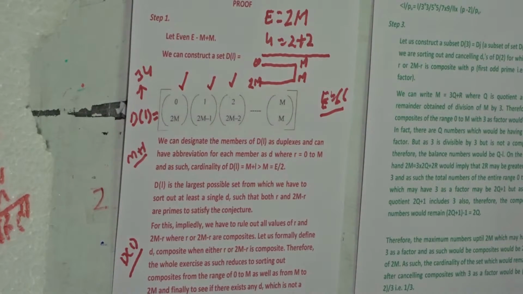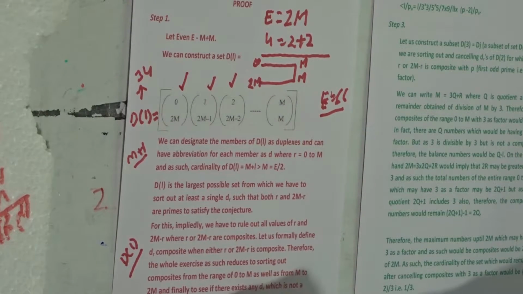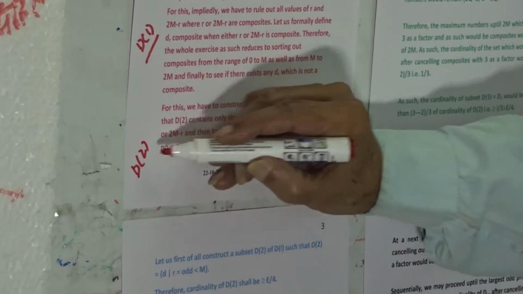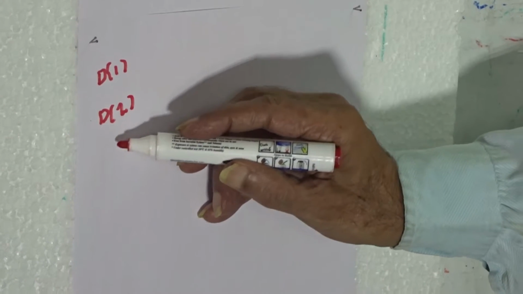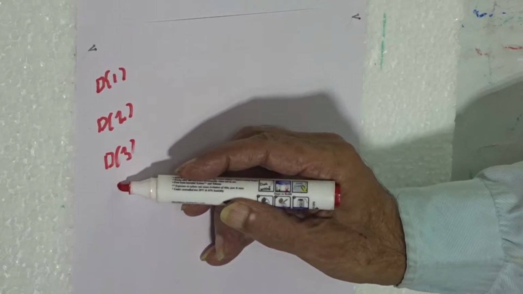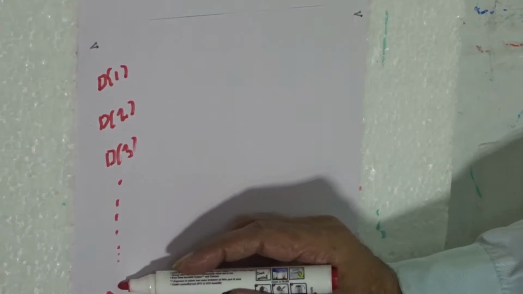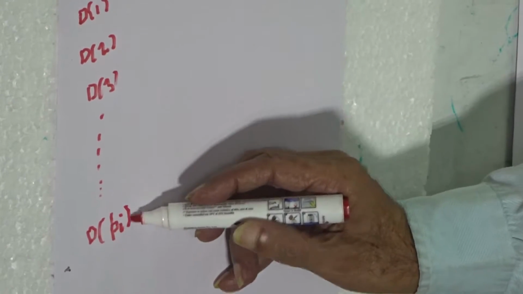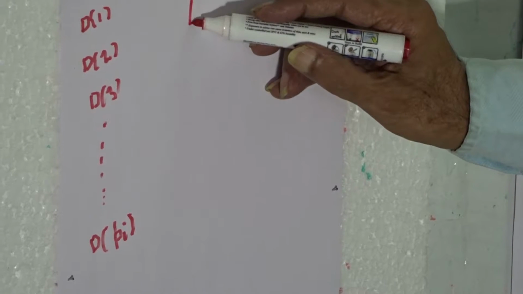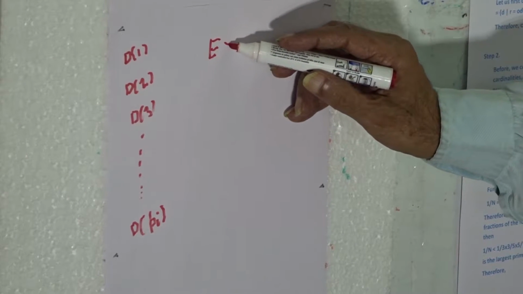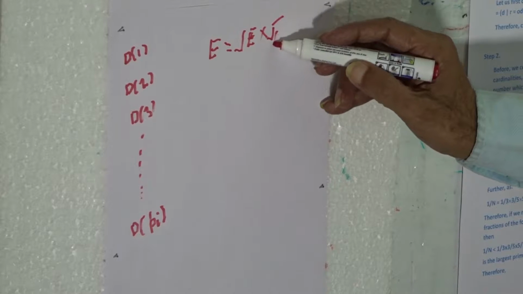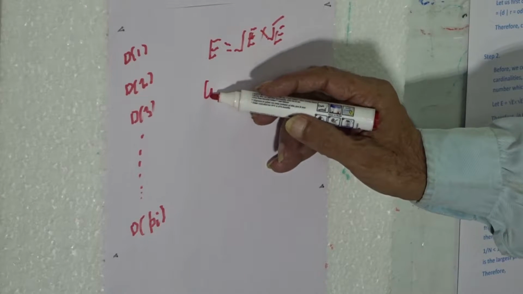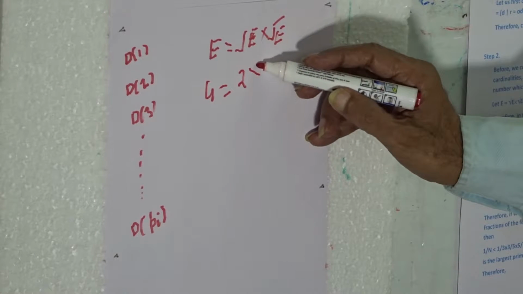Now we want to reach at set 2 and sequentially from D1, D2, D3, and we will continue up till D pi by taking that E with its organization as under root E multiplied by under root E, parallel to the organization of 4 is equal to 2 multiplied by 2.